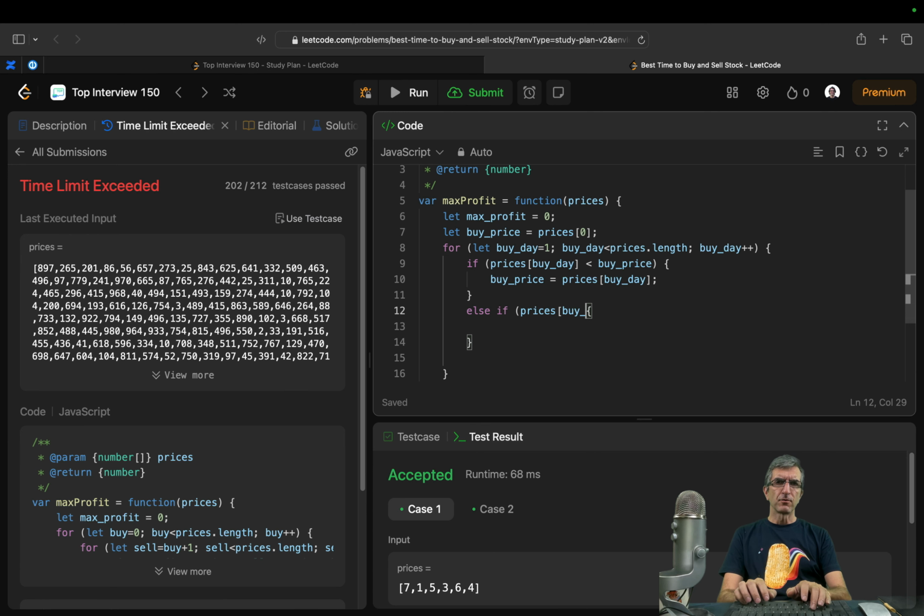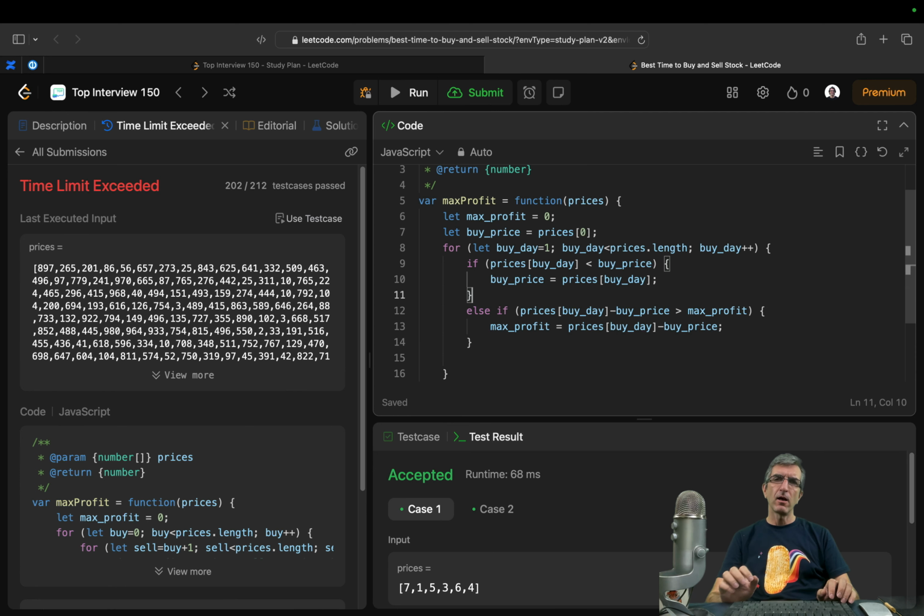Else if the price of this specific day minus my buy price is larger than max profit I've already seen, right? If I'm correct, my max profit is updated to this. Hope this is okay.